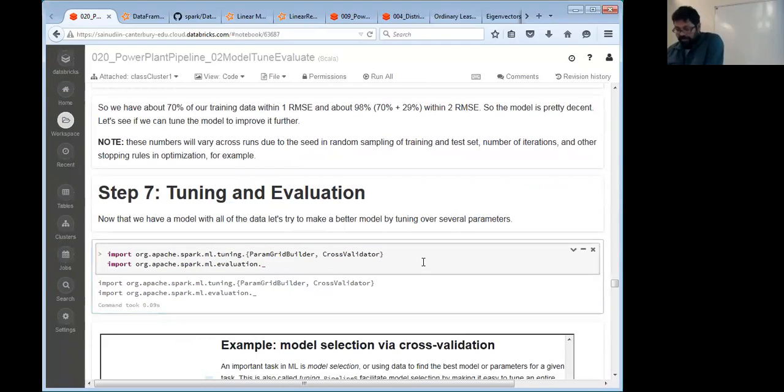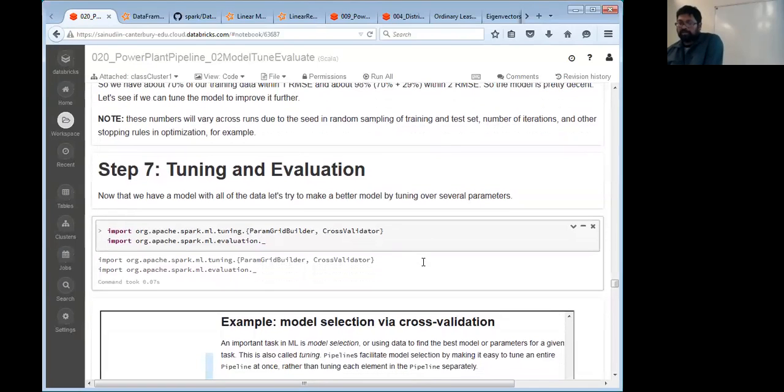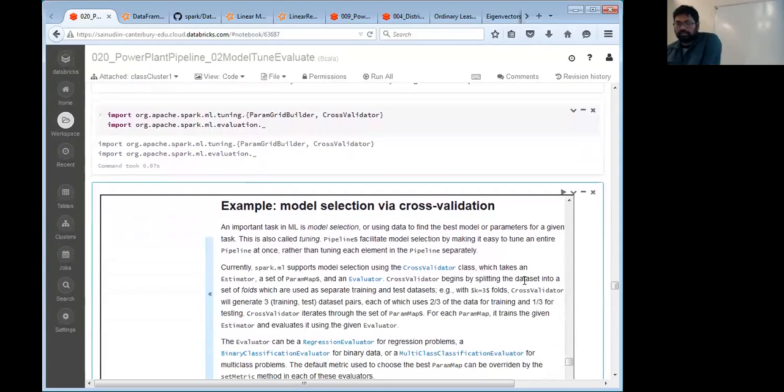Now, what is tuning and evaluation? Basically, we have to do a parameter grid, because we have these hyperparameters we want to go over, and we need the cross-validation method. Remember, we're going to hold out some of the data and use the training data to do cross-validation. Once again, this is done in parallel for you.